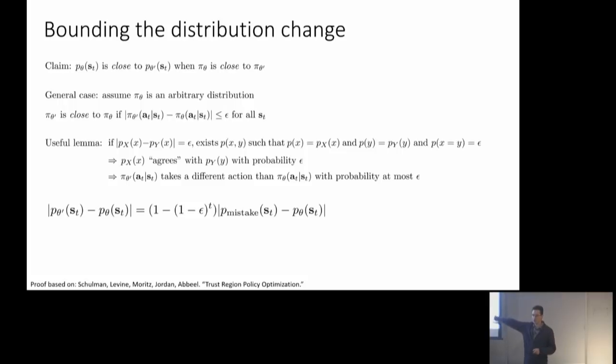So this part is exactly the same as before. It's bounded by 2 times epsilon t, and the way that we got there is by using this derivation that says, if you keep the random seed fixed, they'll make different actions with probability at most epsilon. So that's the stochastic case.